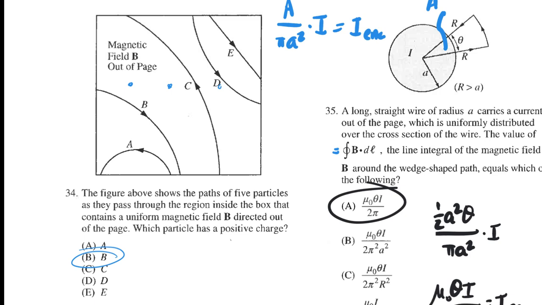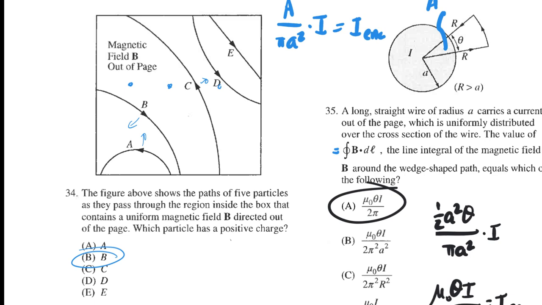Yeah, I found the magnetic force for all of them, but what does that tell you? How does that help you? Well, because positive particles curve based on the right-hand rule. So let's look at A. A should be experiencing a force this way, but it's curving the other way, so it must be negative. And B is experiencing a force this way, based on the right-hand rule. C is experiencing a force this way, but it's not curving that way.